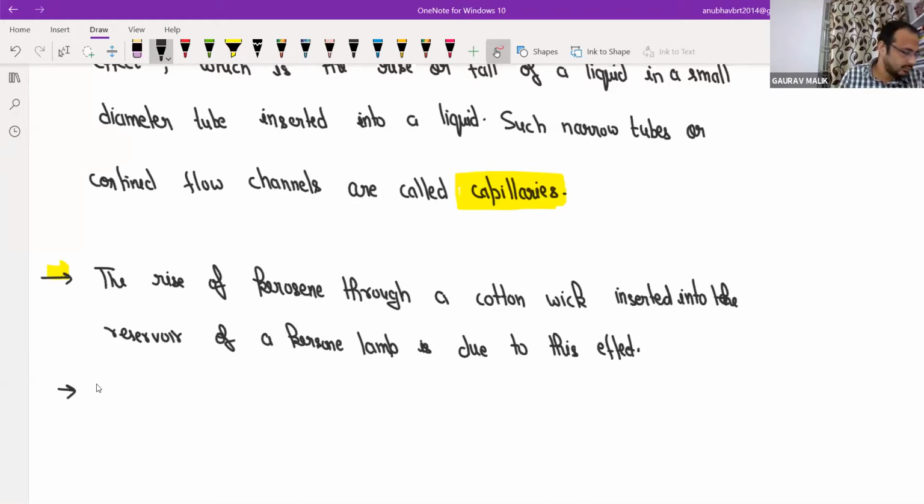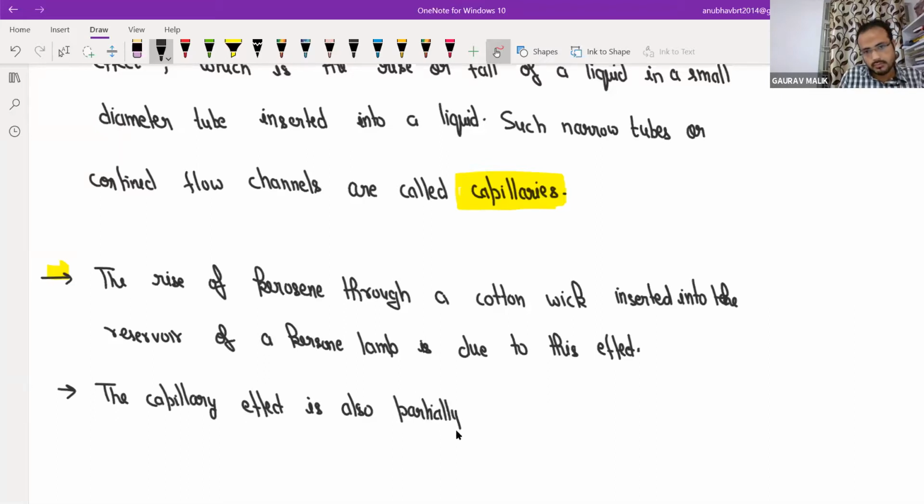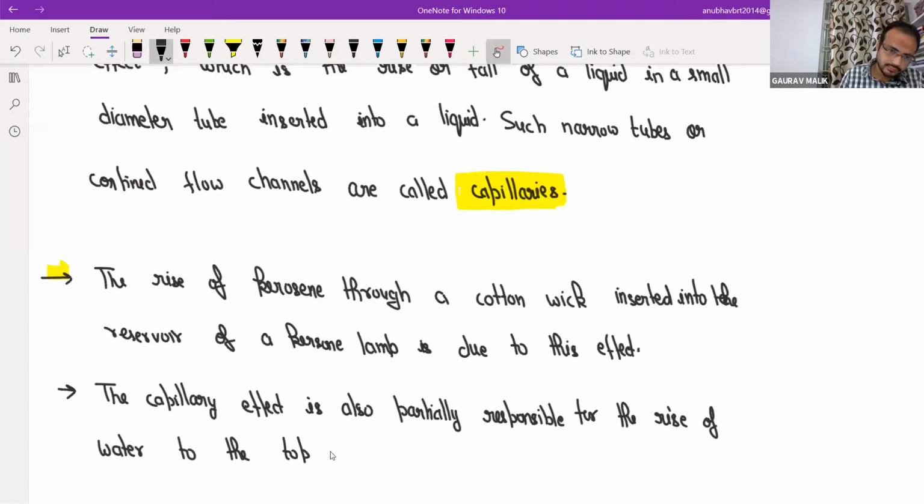Other example: the capillary effect is also partially responsible for the rise of water to the top of all trees.